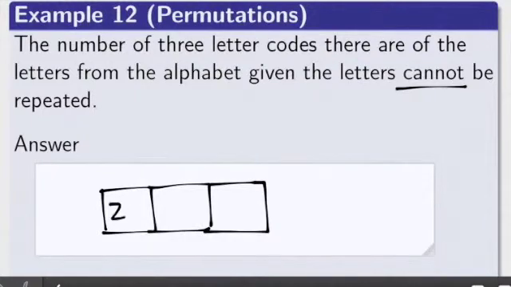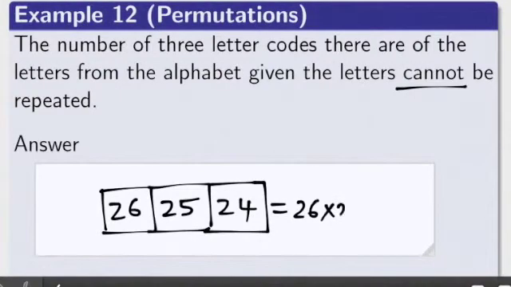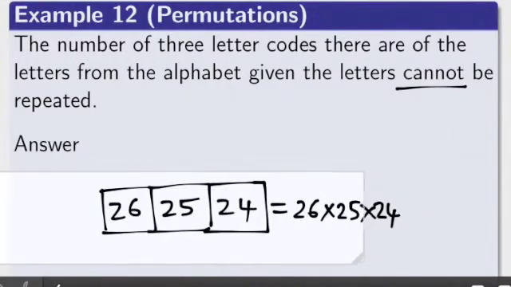So for the first box we have 26 choices, and once we've chosen a letter, for the second box we have 25 choices, and for the last box we have 24 choices, because we are not allowed to repeat the letters. So the number of permutations is 26 times 25 times 24, which can be evaluated using a calculator.